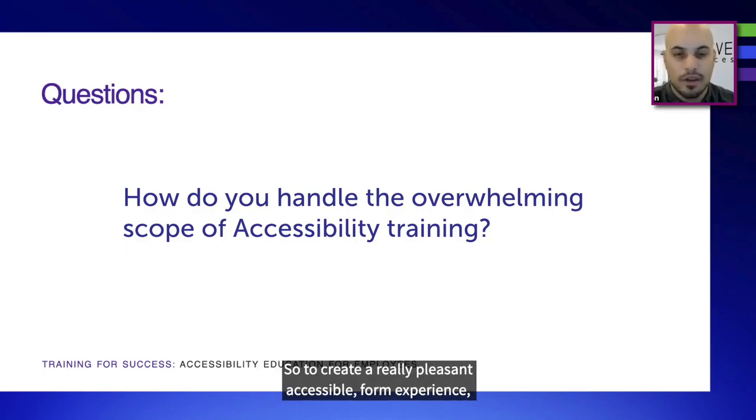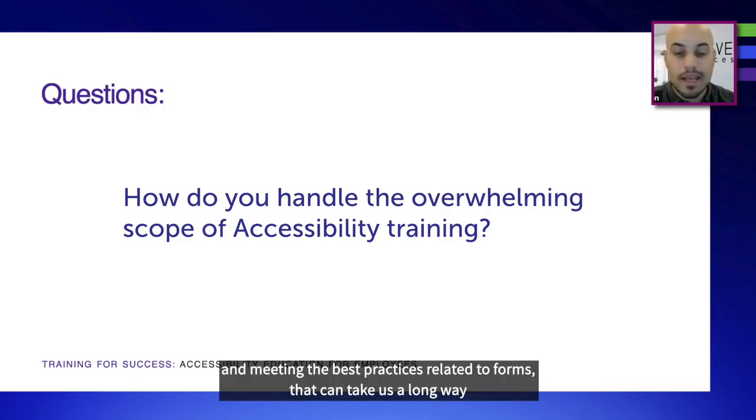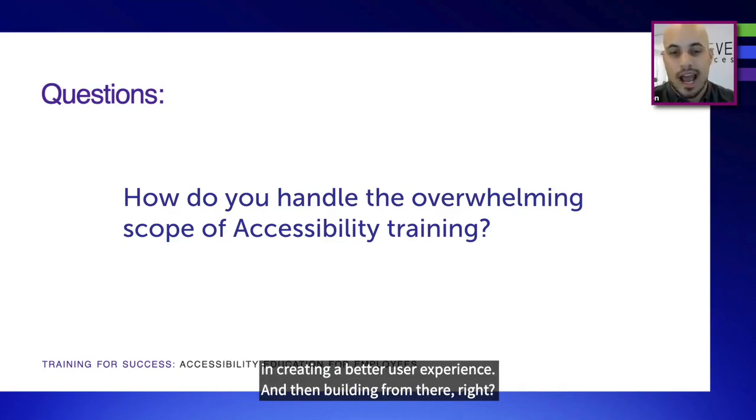So to create a really pleasant, accessible form experience and meeting the best practices related to forms, that can take us a long way in creating a better user experience and then building from there, right?